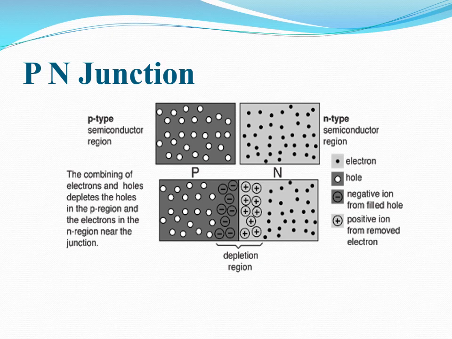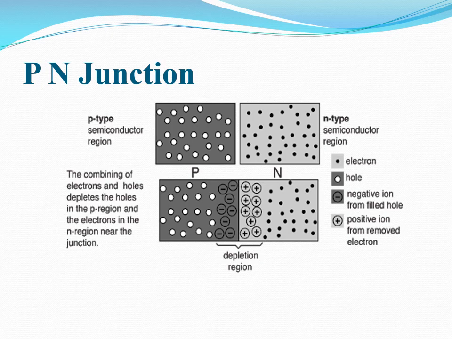This is the diagram for the PN junction. So there is a P-type semiconductor and there is an N-type semiconductor. The combining of electrons and holes depletes the holes in the P region and the electrons in the N region near the junction. So we know that opposite charges always attract each other.